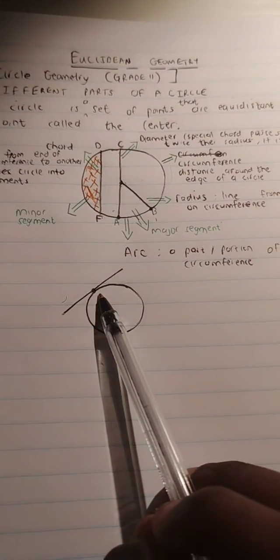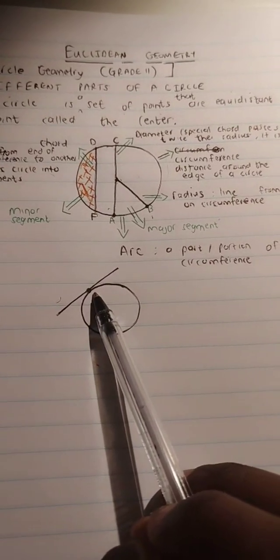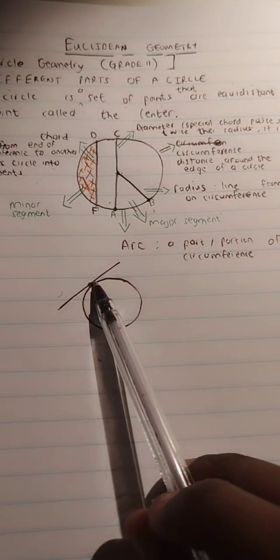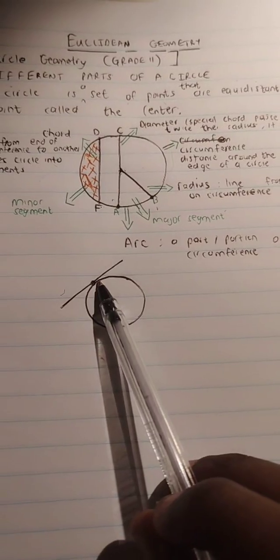A line that touches the circle at a point, but it is external to the circle. I want to emphasize that one. What is it called?